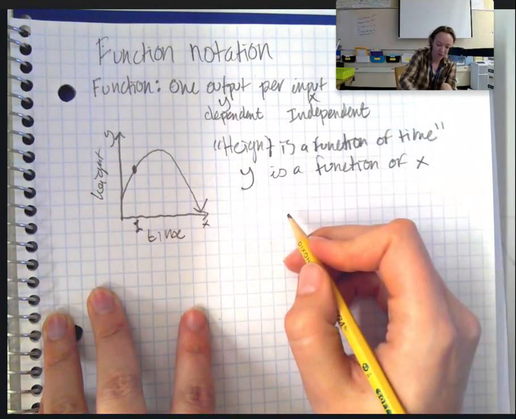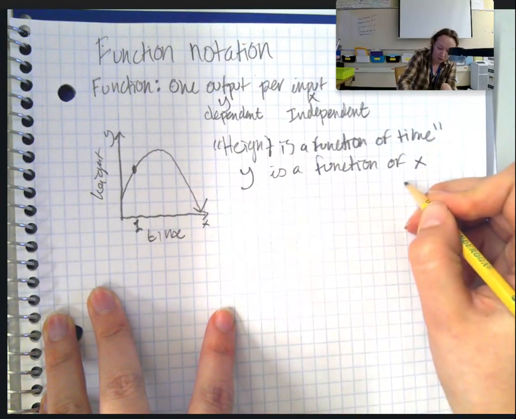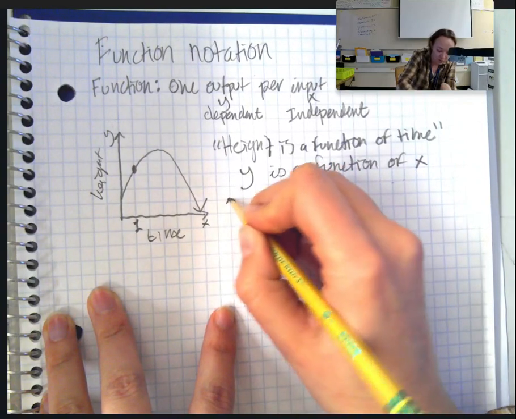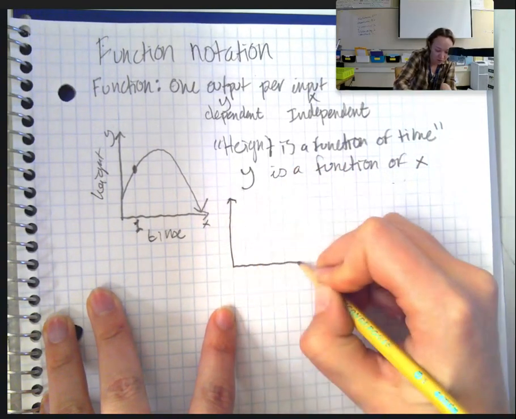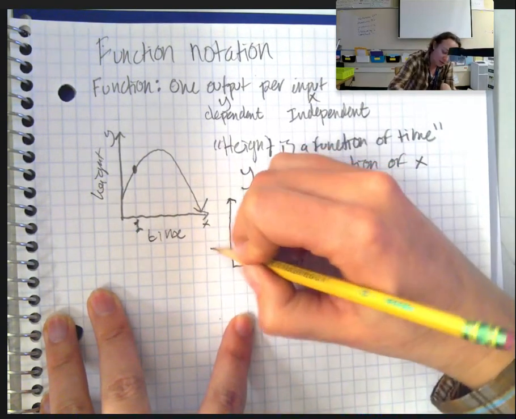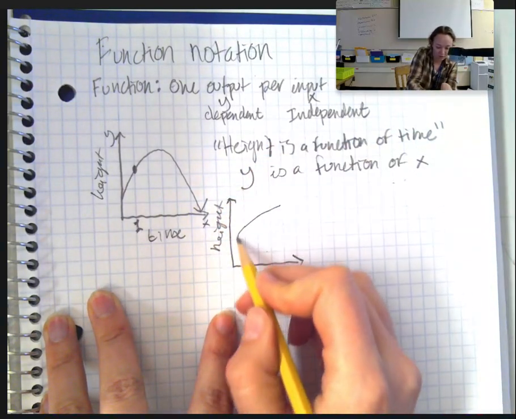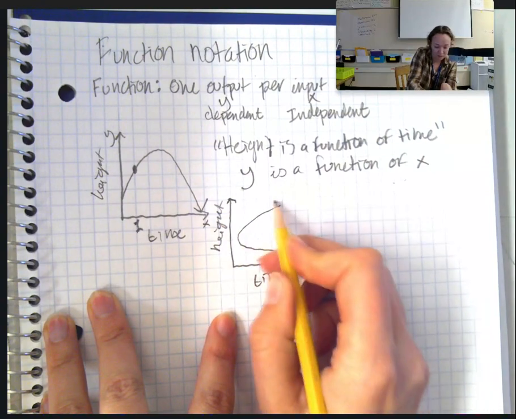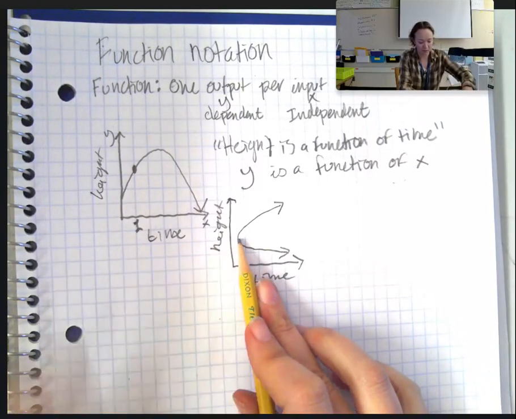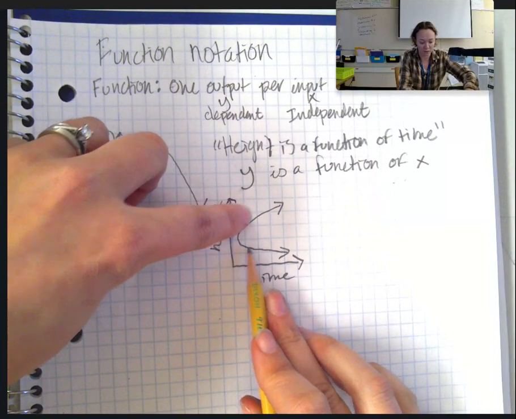However, if I were to do a different graph, and if I were to try and have once again time and height, and if I were to try and go like that, then that would not work, right? The ball starts here and then it splits, and now all of a sudden there's 2 balls because it's in 2 different places at once, and then they get further apart.